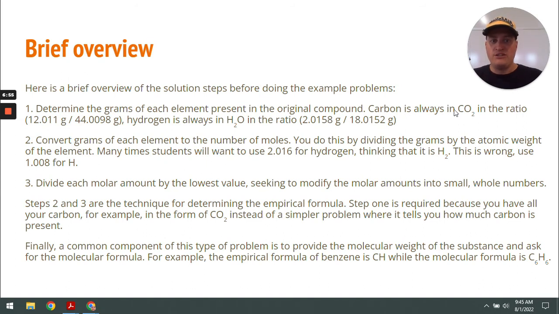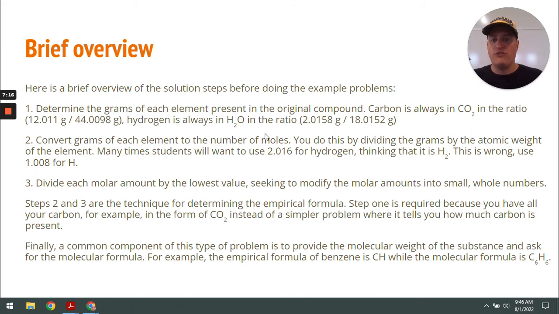So you always have CO2 and H2O, and this ratio is the molar mass of carbon divided by the molar mass of CO2. Get those locked down in that ratio. You can always use your periodic table. H2O is always the 2 hydrogens for the total of water.